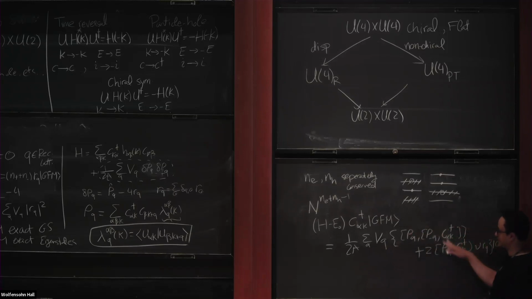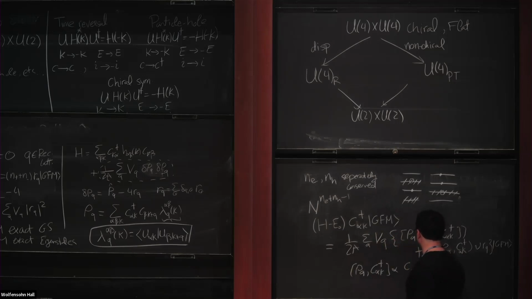So this tells you it's an exact eigenstate, because when you compute the commutator of rho_q and c_alpha,k, you get something proportional to c_alpha,k-q. So when you compute the commutator twice, you get c_alpha,k. And here also, when you compute the commutator, remember that this R_Q only contains components in reciprocal lattice vectors.